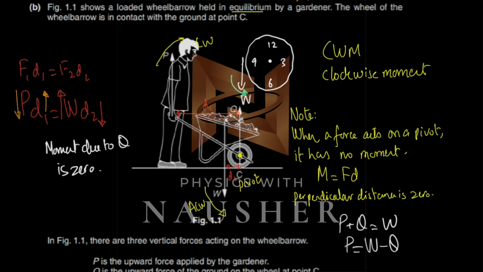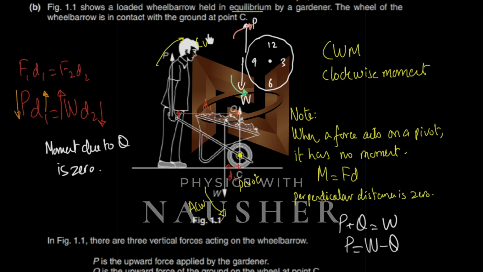And similarly, this is your pivot. You have a force P which is acting upward, and it's also on the left. So on the clock, just make a force upwards. This is P, which is acting on the left side. Imagine this is the pivot, and you apply a force on this clock here. Where will this clock turn? It's going to turn in this direction, from 9 to 12.